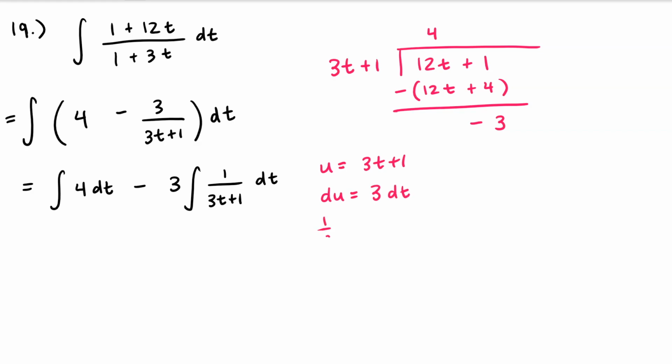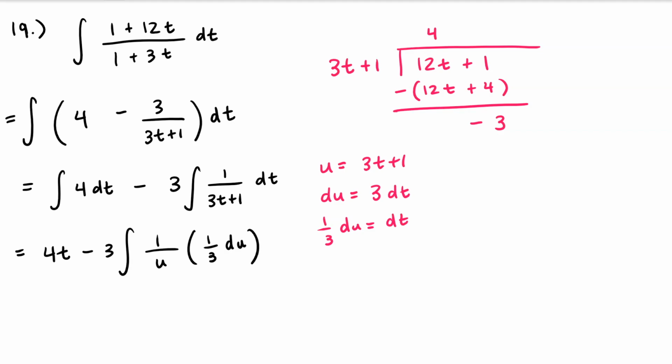And if I divide both sides by 3, I get 1/3 du is equal to dt. So this ends up equaling the antiderivative of 4, which is 4t, and then we have minus 3 times the integral of 1 over u, and then dt is getting replaced with 1/3 du. I think it'd be a little bit easier if I factored out the 1/3, so let's do that.